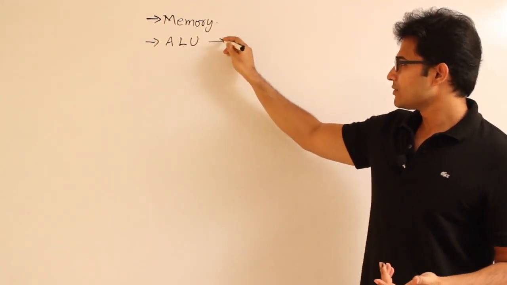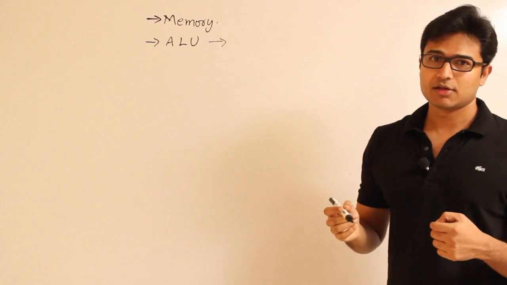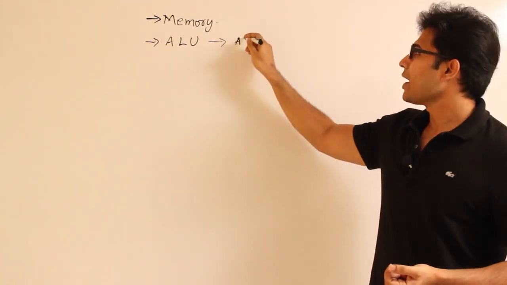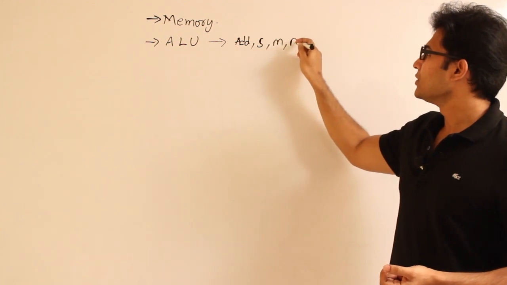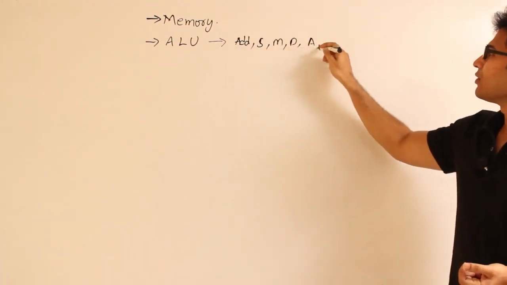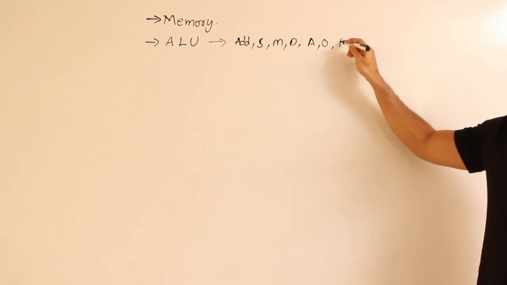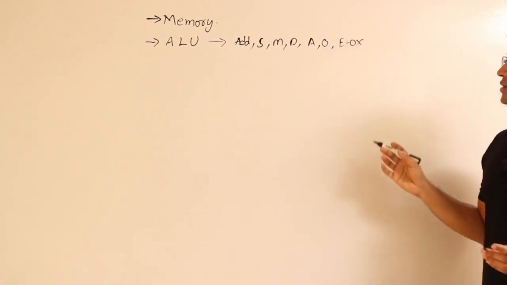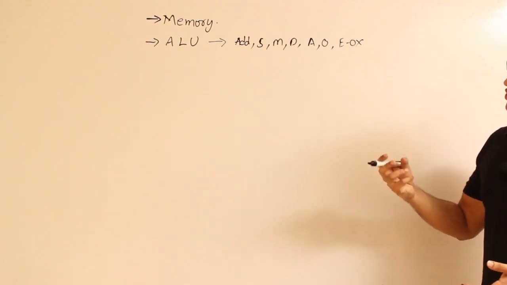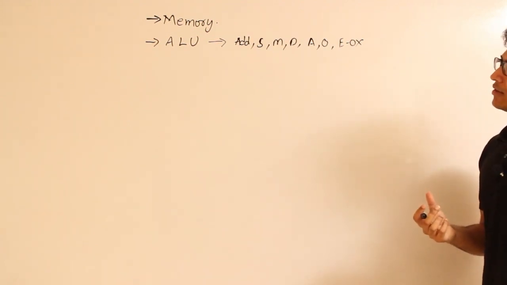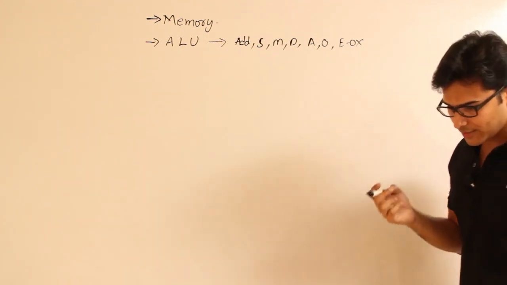What do I mean by this? We should have a circuit which can perform addition, subtraction, multiplication, division, maybe ANDing, ORing, exclusive OR, masking, everything. There are a lot of instructions, and all of them are supposed to be performed by this arithmetic and logic unit. And how to design this?